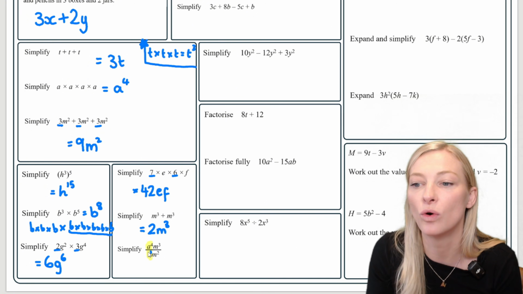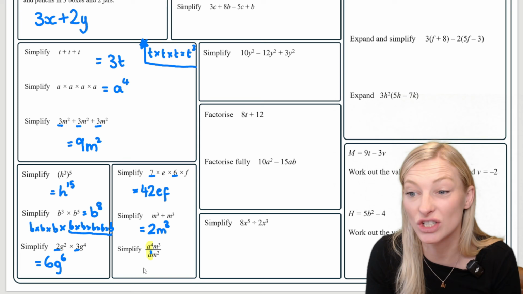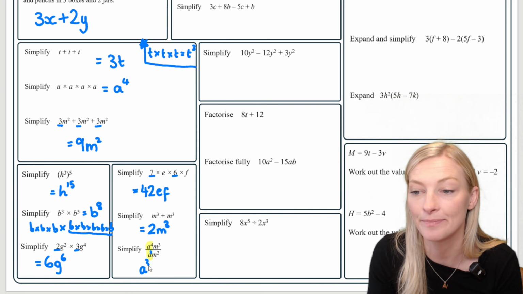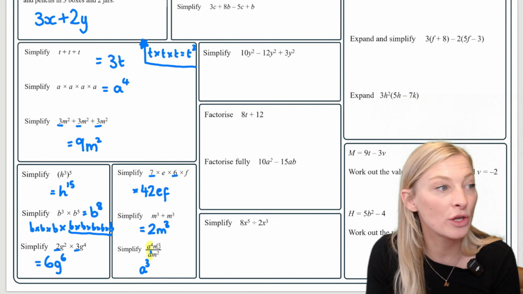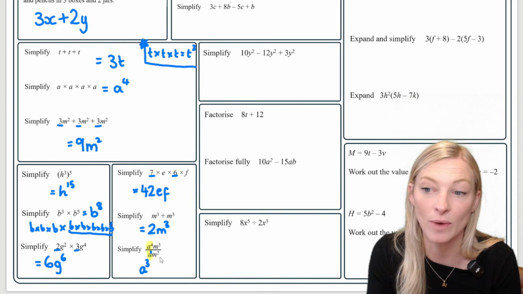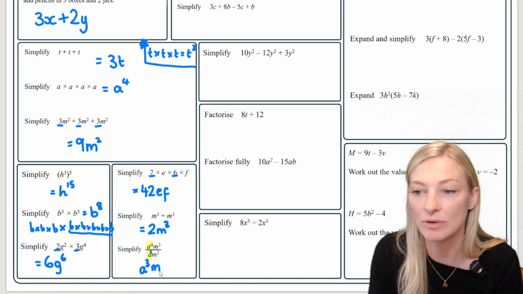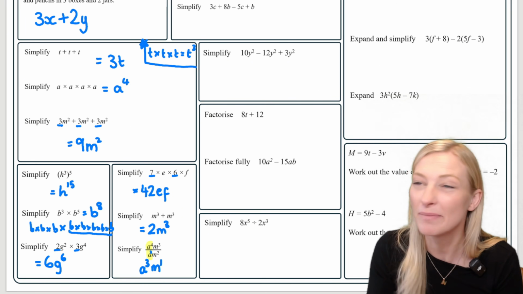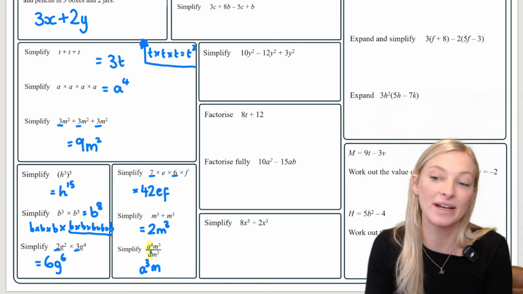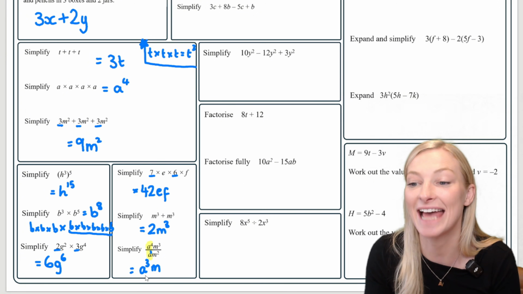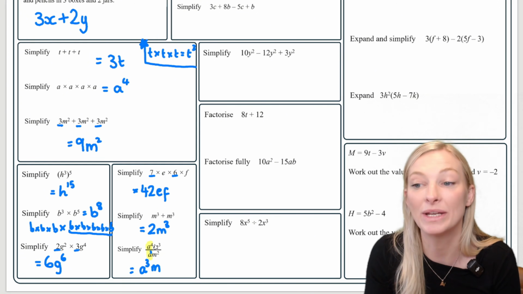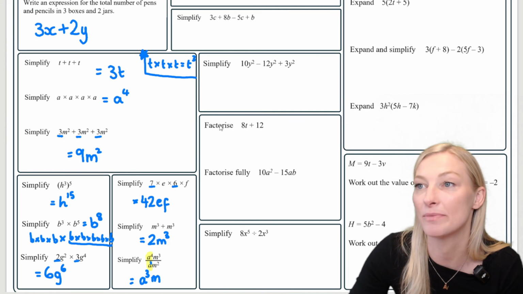So a to the power of 4 divided by a to the power of 1 is just a to the power of 3. And then I've got m cubed and I'm dividing by m squared. So again there, when we divide, we take away the powers. That would be m to the power of 1, but we don't need to put that 1. M to the power of 1 is just m. So your answer there is a cubed m. When we divide, we take away the powers.